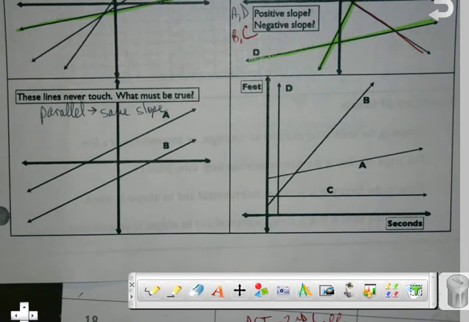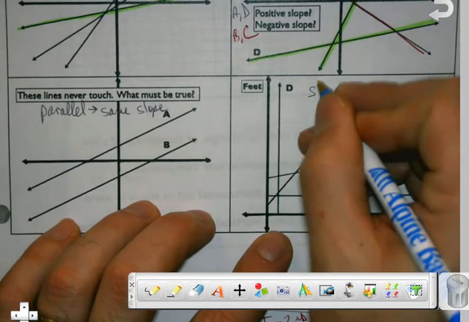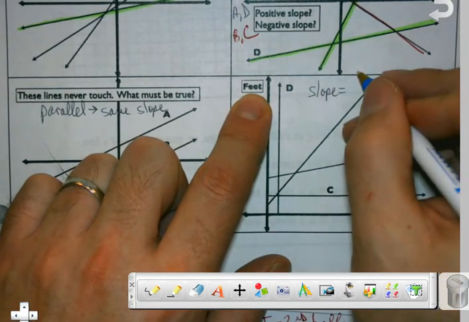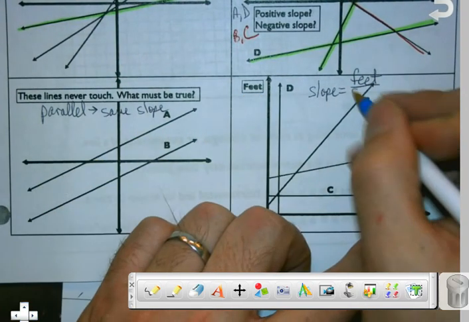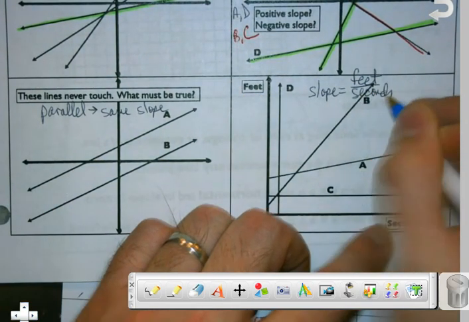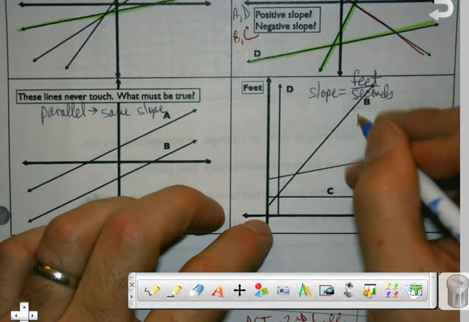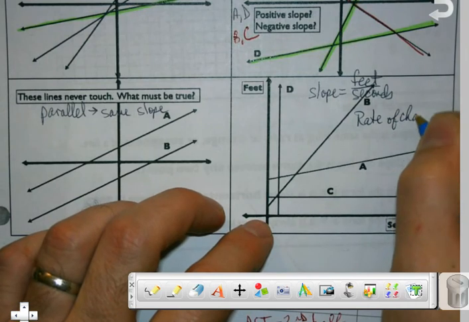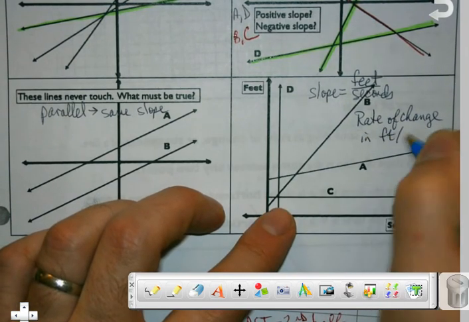What we're going to explain is, when you do slope, so for instance here, if I did slope, my rise would be my feet, and my run is my seconds. So what these lines would tell me is how quickly I'm walking, or my rate of change in feet per second.